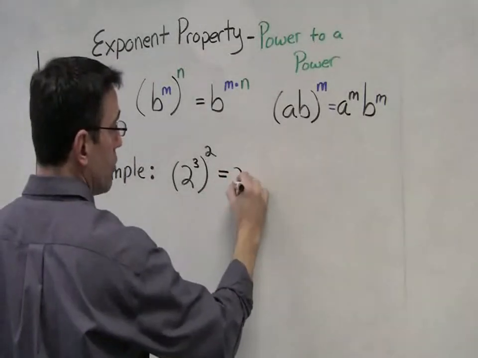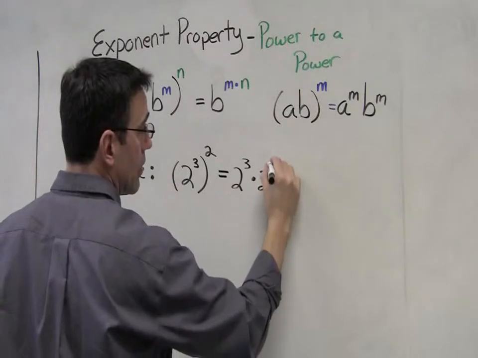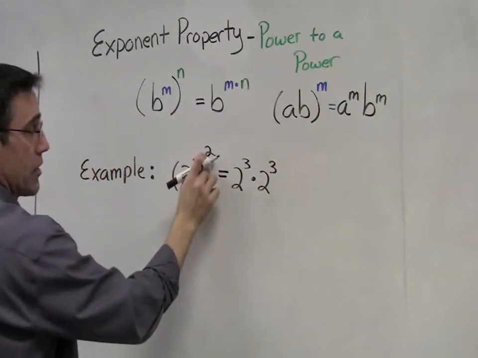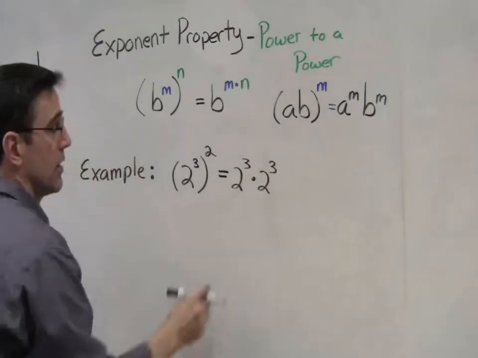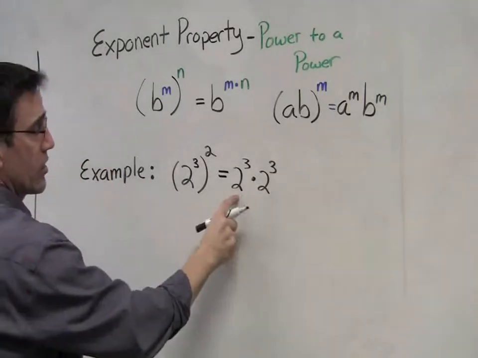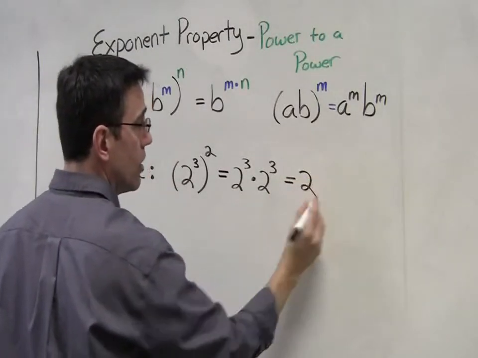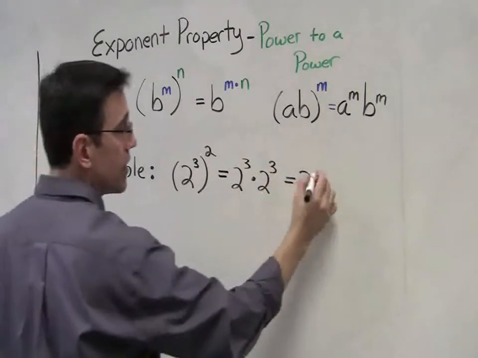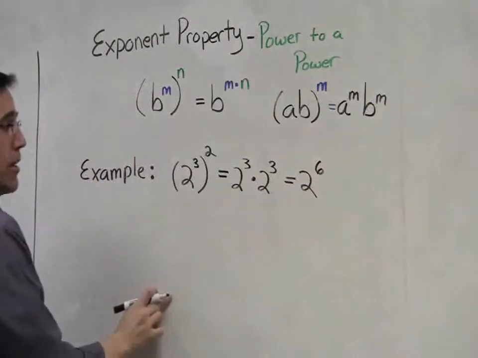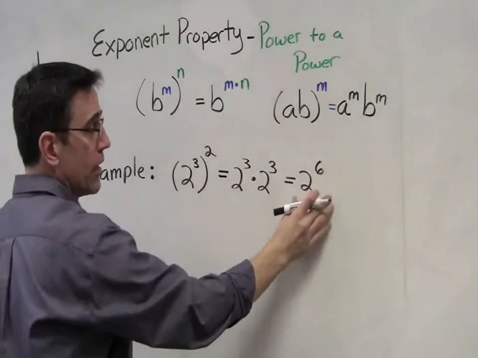So if I take 2 to the third times 2 to the third, so it's there twice. That's what the exponent of 2 is, something multiplied by itself twice. So based on yesterday, I know I've got like bases. So this would be 2. And then when I multiply, I actually add exponents. So 3 plus 3 is 6. Learned that yesterday.